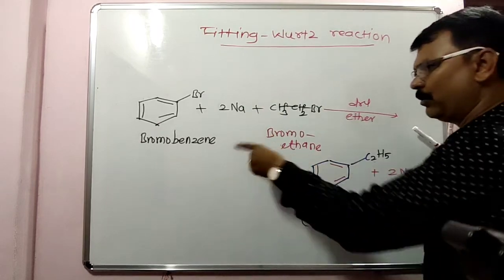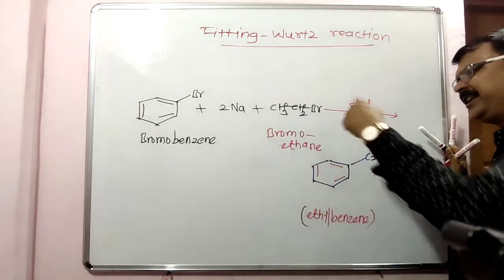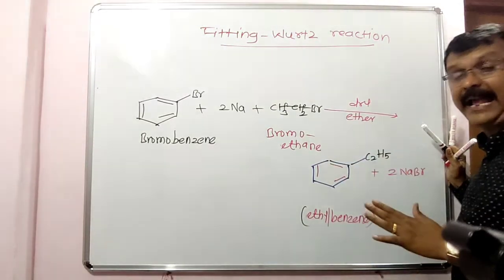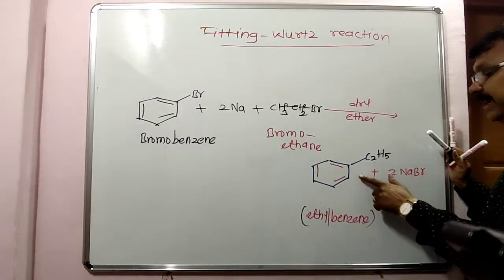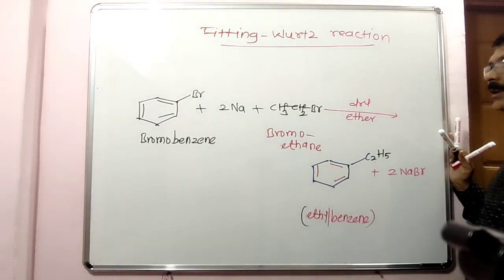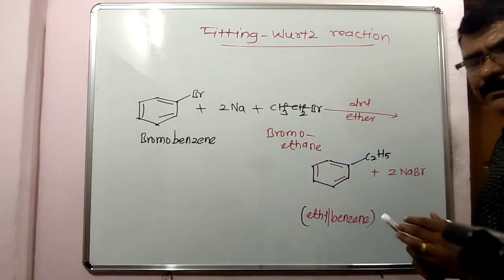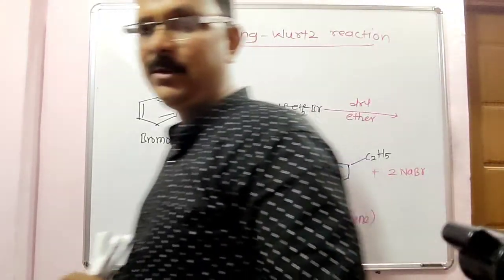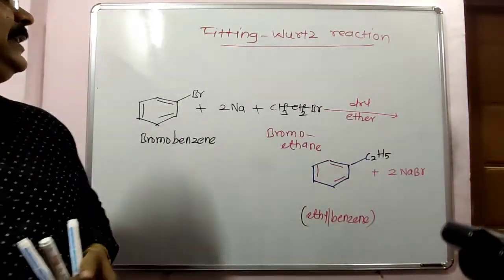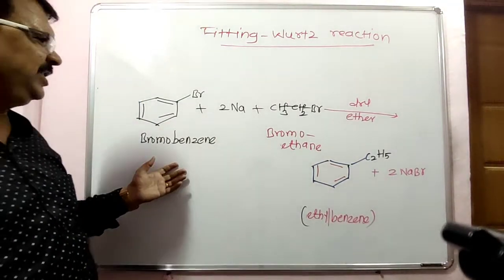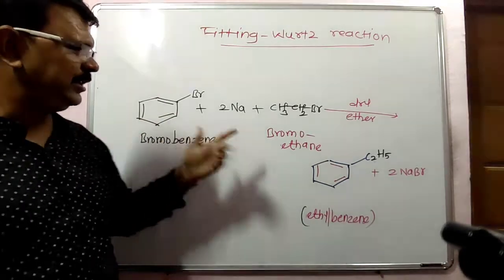When the mixture of bromobenzene and bromoethane is reacted with sodium metal in presence of dry ether, it gives ethyl benzene. What type of reaction here? Wurtz-Fittig reaction.